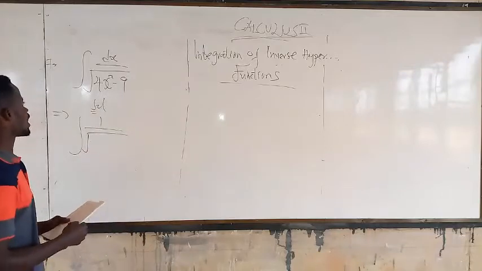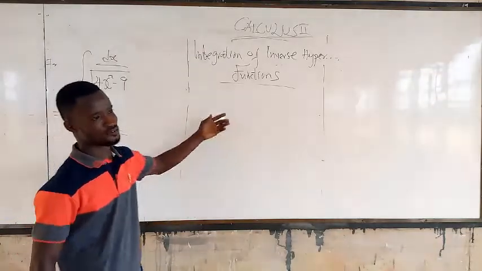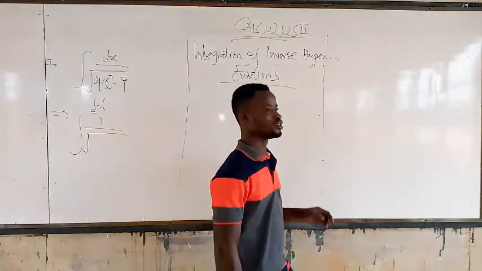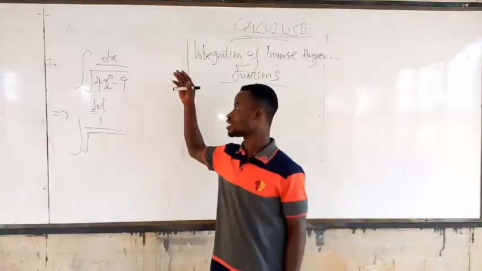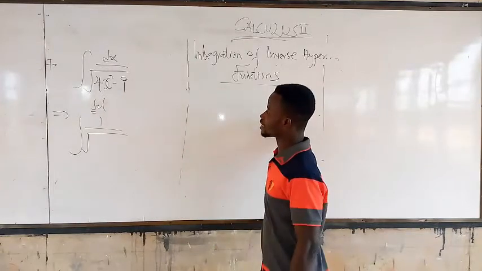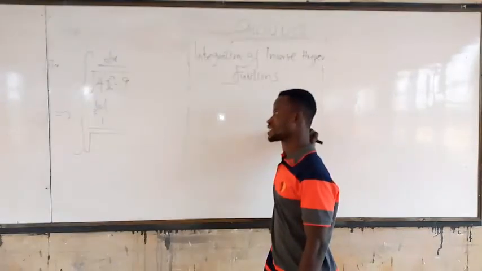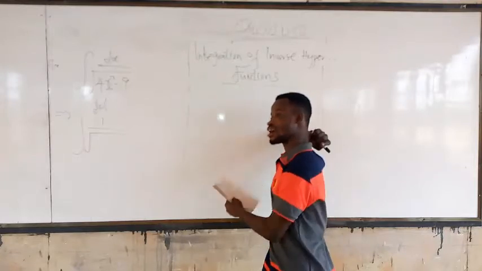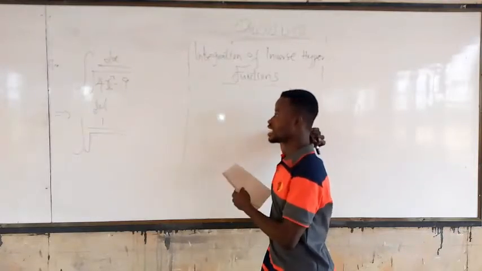Looking at the formula that I gave to you, the inside is relating to something like u squared minus 1, because the s can be a function.